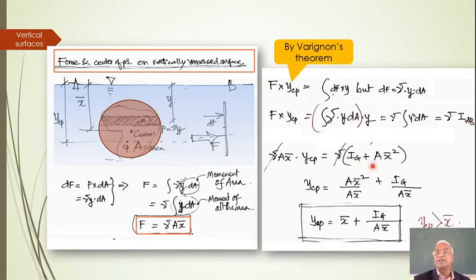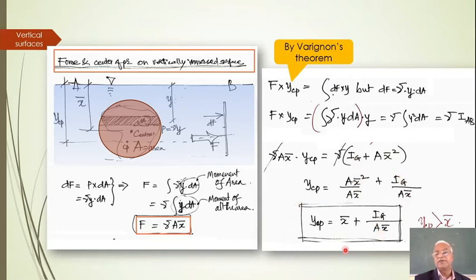I'll write it as Iz plus A x bar squared, because the moment of inertia about an axis AB is equal to the moment of inertia about the centroidal axis plus area into distance squared, by the parallel axis theorem. So YCP will be written as, if I take A x bar below, x bar plus Iz by A x bar. That is the expression.